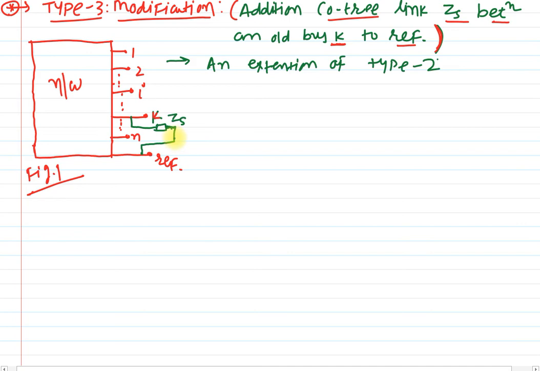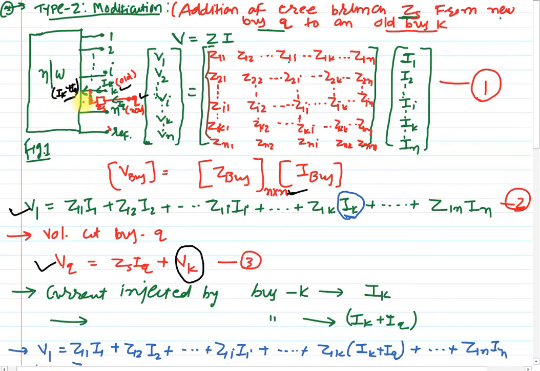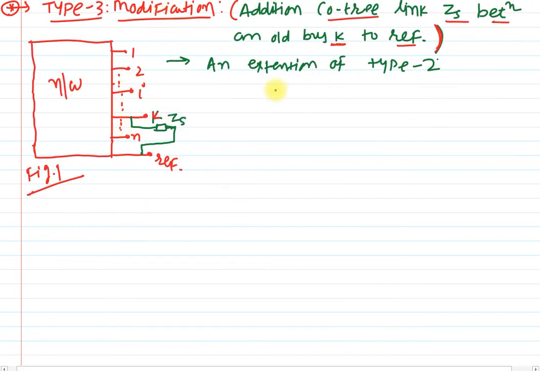The same bus which we have considered in type 2 modification, now it is connected at the reference bus. So that's why it is known as the extension of type 2 modification.